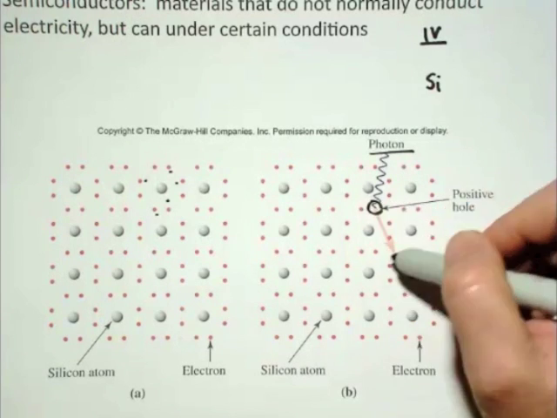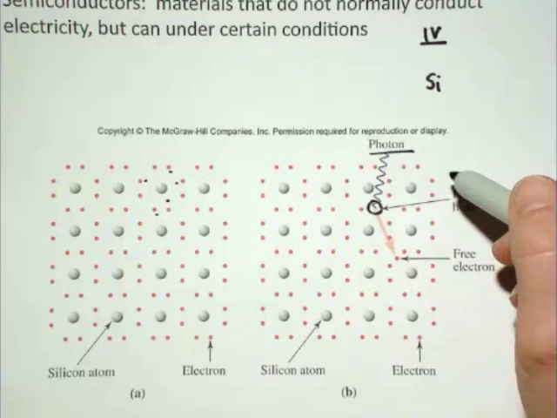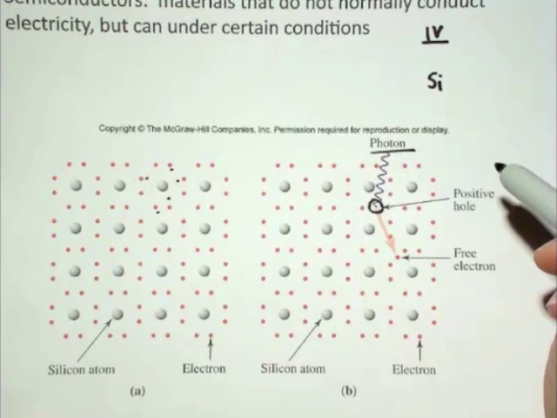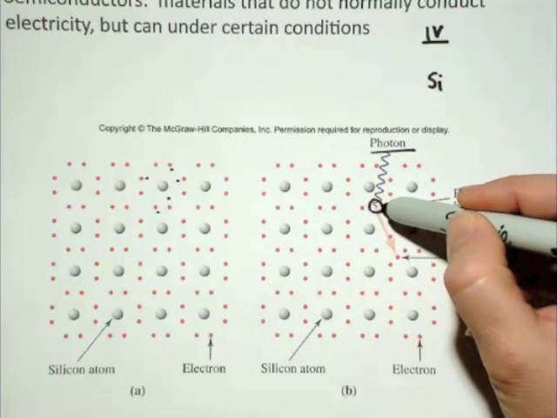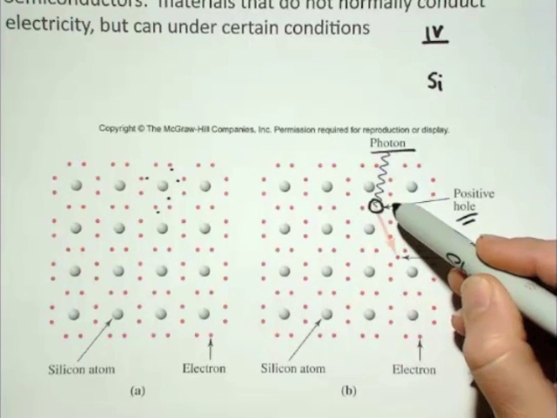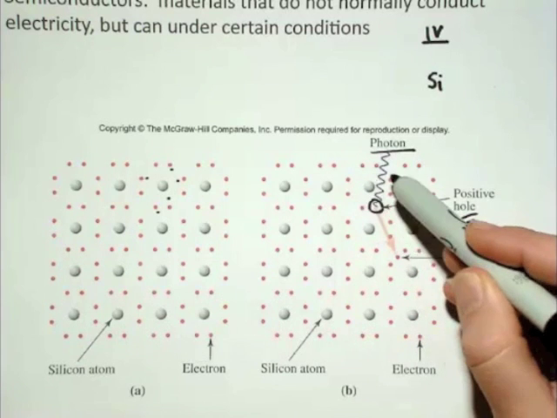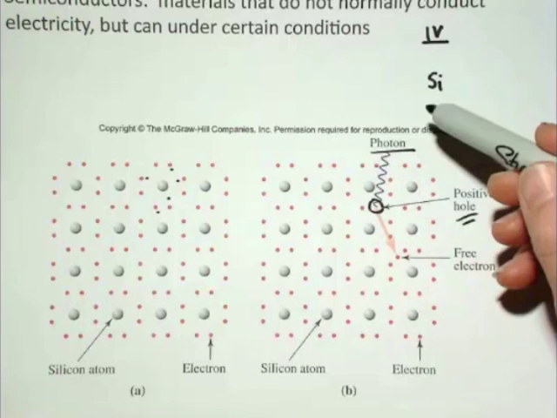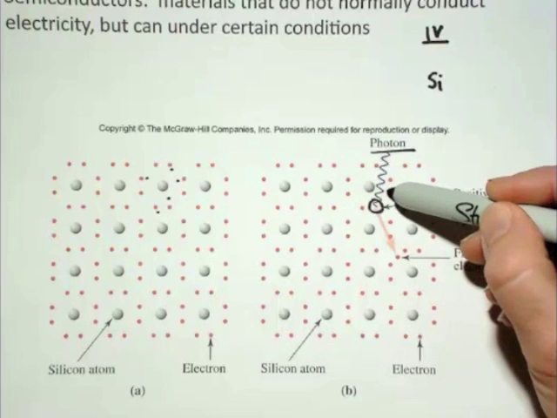Obviously, this is happening at the surface of the solid where it's exposed to, in this case, a photon of light. When the electron moves out of its position, it leaves what's called a positive hole, because the charge on this particular silicon atom is now slightly out of balance. That sets up a potential which causes another electron to try to move into its place.